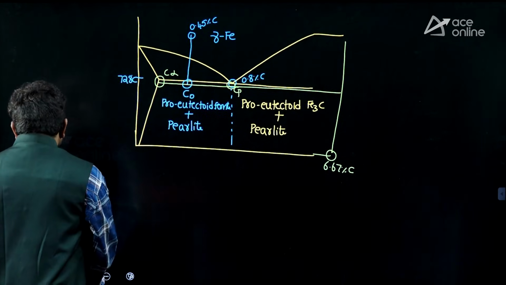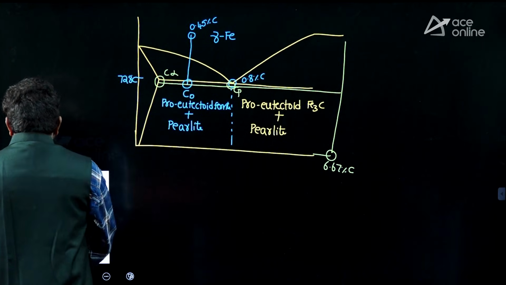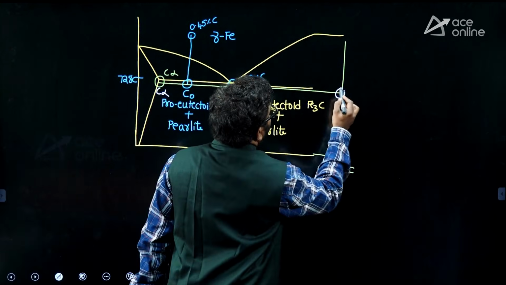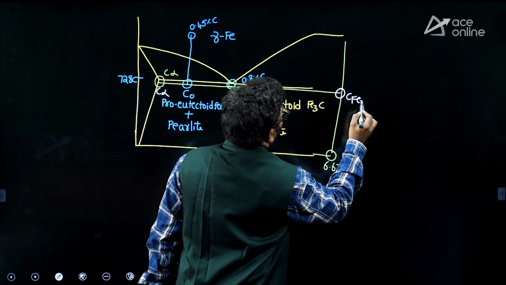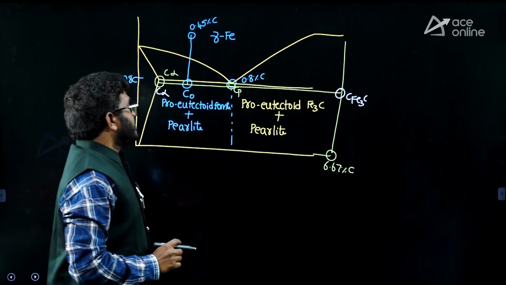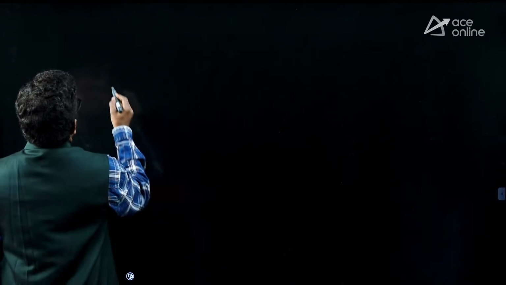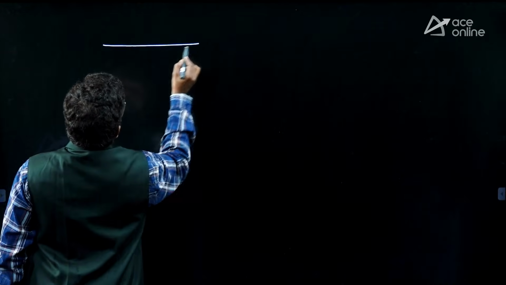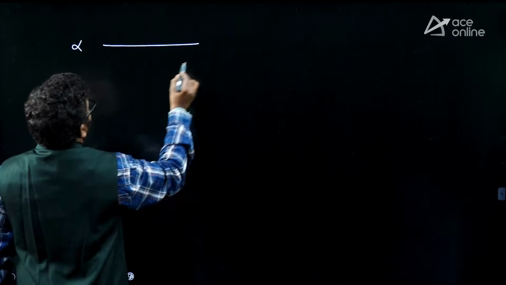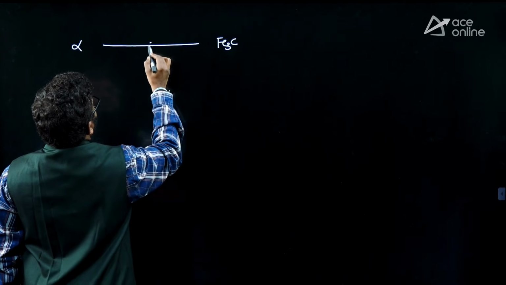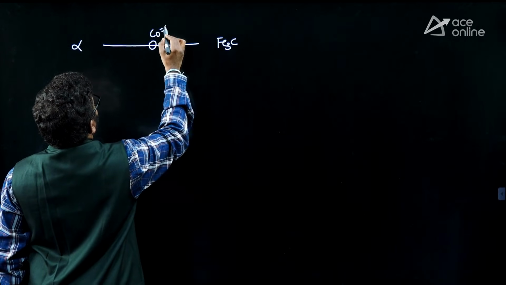Listen carefully: C alpha, this is C cementite. Now the lever line is this one; this side is alpha, this side is cementite.